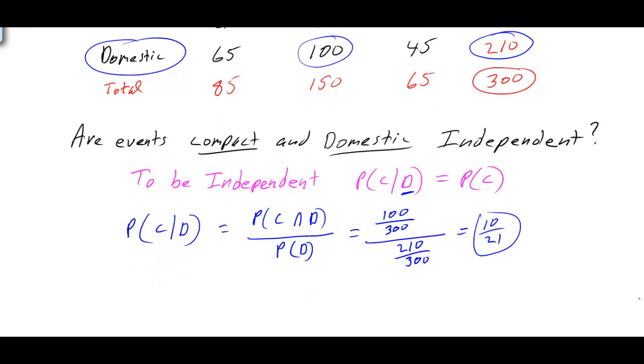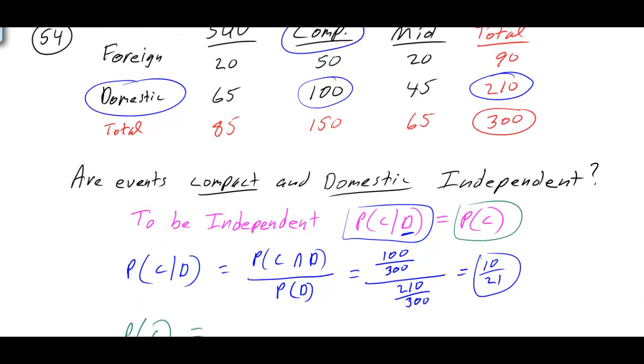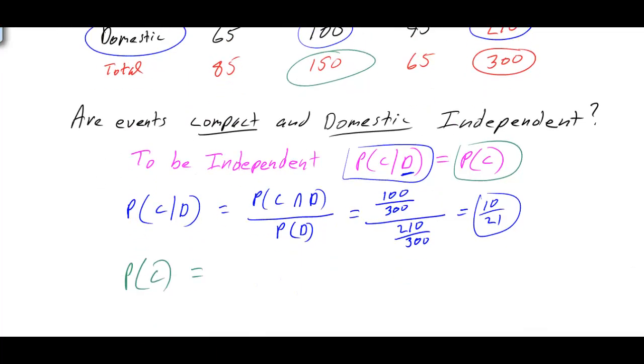Okay, so that's looking at the probability of compact given domestic. So now if we look at just the probability of compact, what does that equal? Well, how many compact cars do we have? There's a total of 150 out of 300. So 150 out of 300, that would simplify to 1/2.